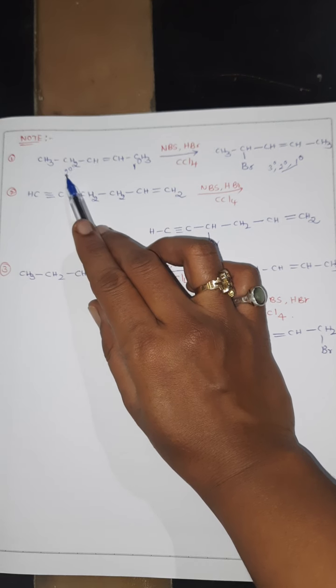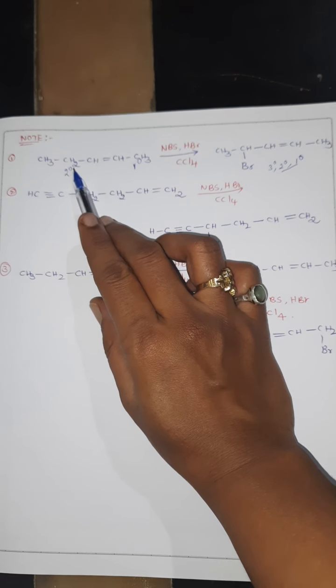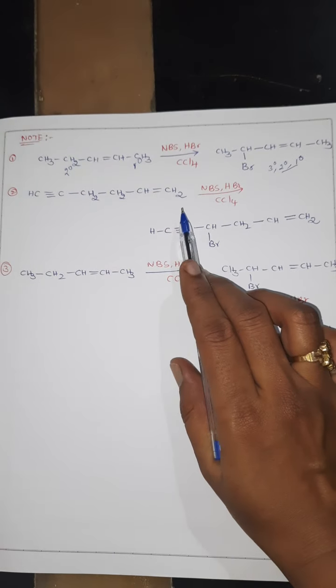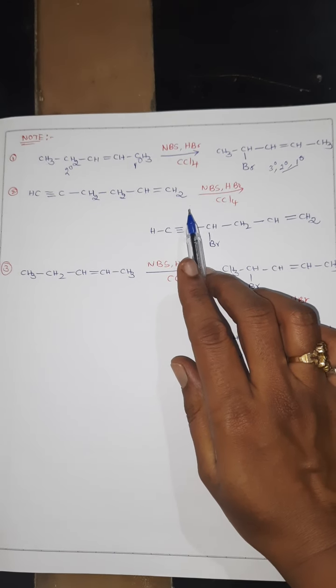If there is a tertiary carbon atom in the allyl position, then substitution must take place at the tertiary carbon atom, because the tertiary free radical is more stable.